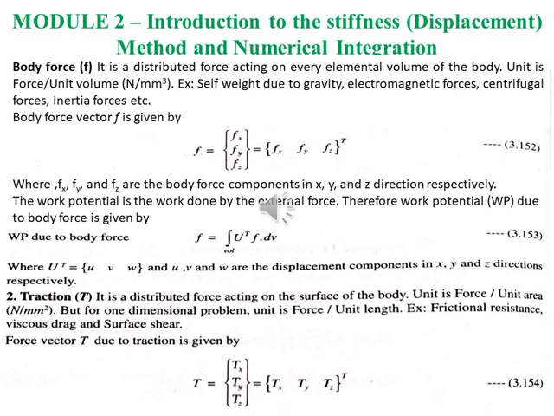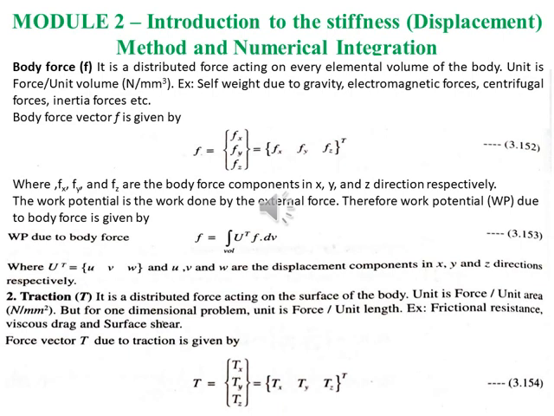The best examples of body force are self weight due to gravity, electromagnetic forces, centrifugal forces, inertial forces, etc. The body force vector can be given as f of x, f of y and f of z, each acting in the x axis, y axis and z axis. These are nothing but the body force components in x, y and z directions respectively.